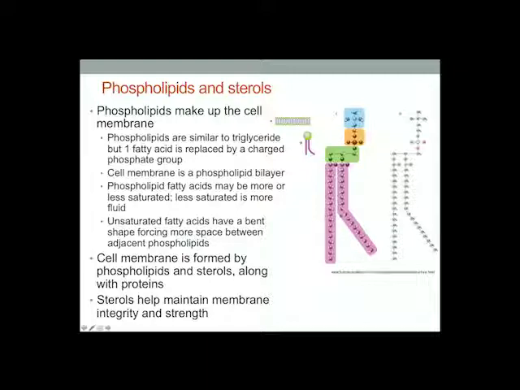It's because of that, again, that bent shape that occurs from the double bond on the unsaturated fatty acids. In addition to the phospholipids that make up a membrane, there's incorporated a lot of sterols, such as ergosterol in yeast, as well as a lot of important proteins that have roles in transport. And the sterols themselves are important to help maintain somewhat of a strength, a rigidity, and an integrity to the phospholipid membrane.